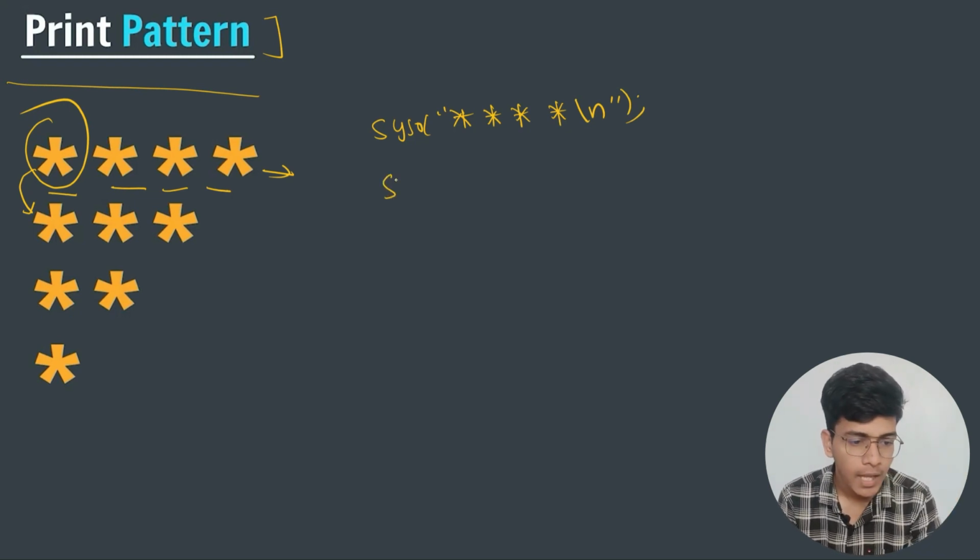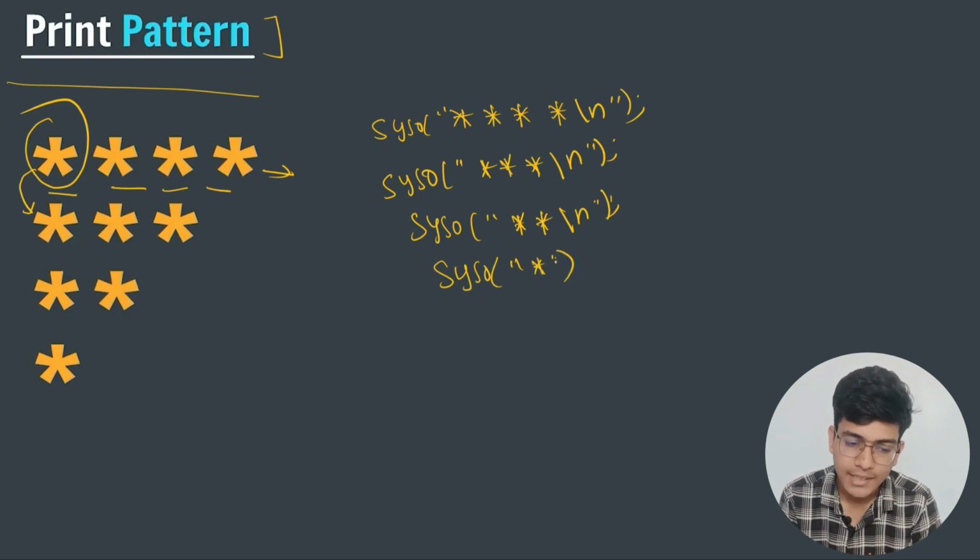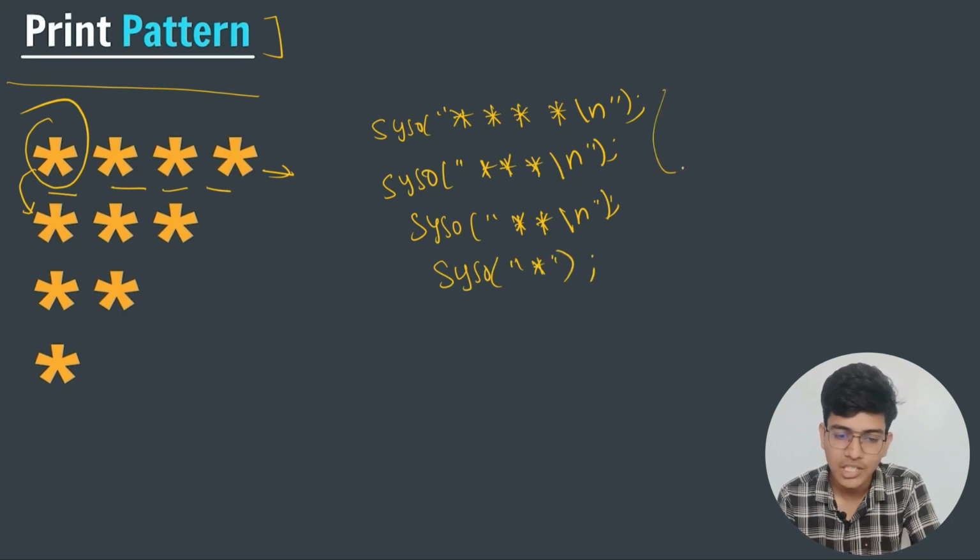After that again I am writing system.out.print with 3 stars, 1 2 and 3, again \n. After that system.out.print 2 stars, 1 2, and again \n. After that system.out.print finally 1 star. That's all. Now no need to give \n. So this is how we'll print our output.